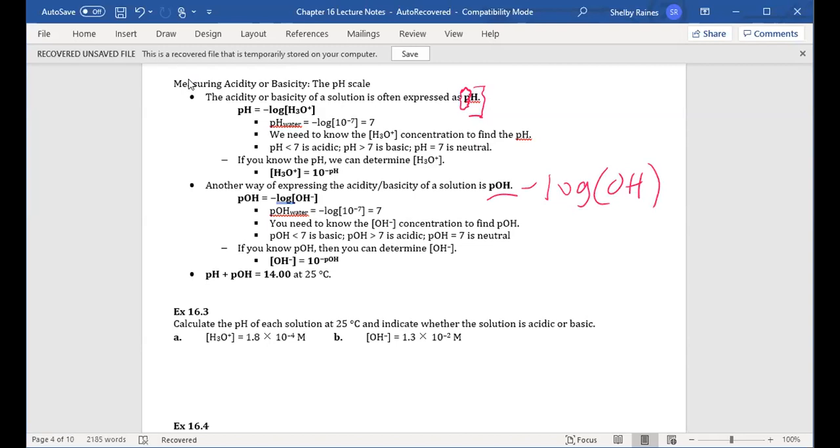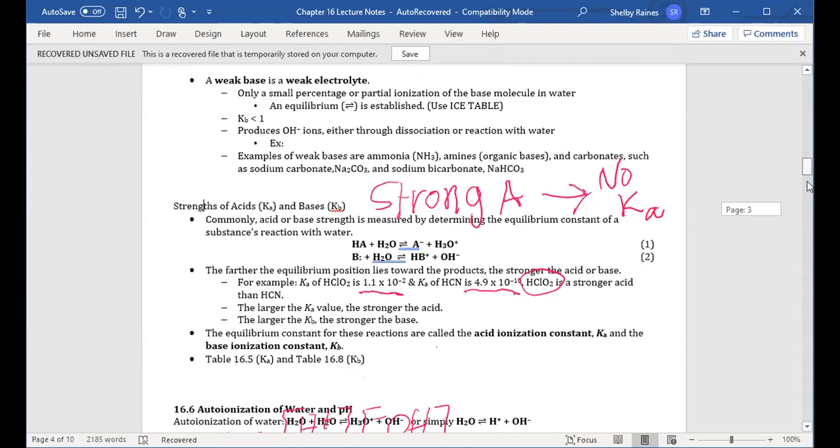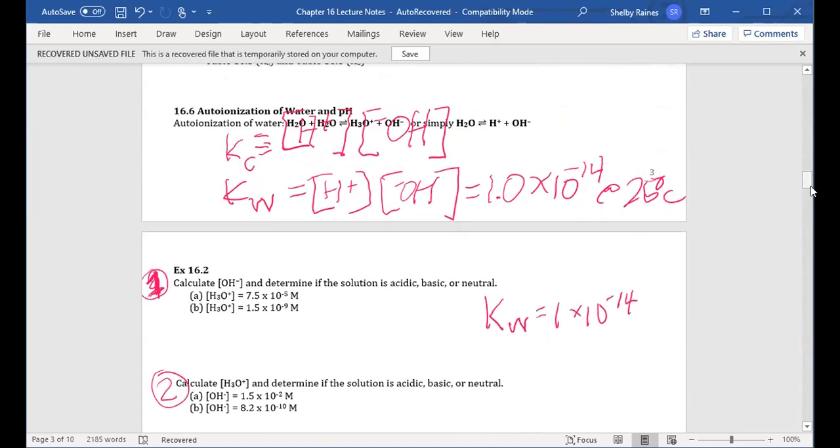Okay. So when we were talking about the autoionization of water, I told you that they were equal. If I had a neutral solution, both of these concentrations would be 1 times 10 to the negative 7th. I can prove that to you by taking the pH.